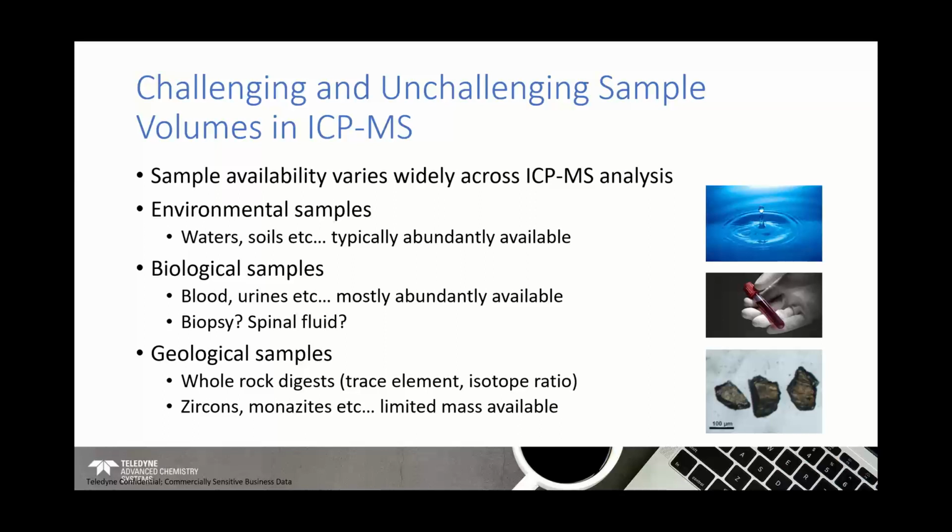Biological samples are possibly another example here. Samples taken from the body, something like a blood sample or a urine sample, are common samples taken. Again, normally those are abundantly available.